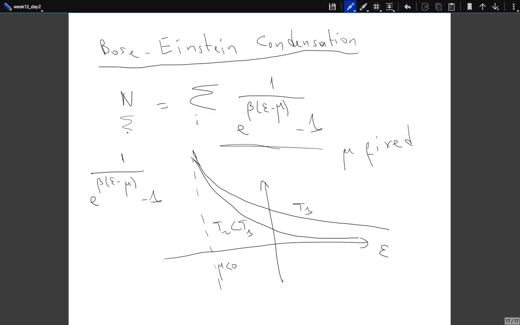So some of those numbers should get larger and larger as I lower the temperature. But that means I just need to increase the value of mu.